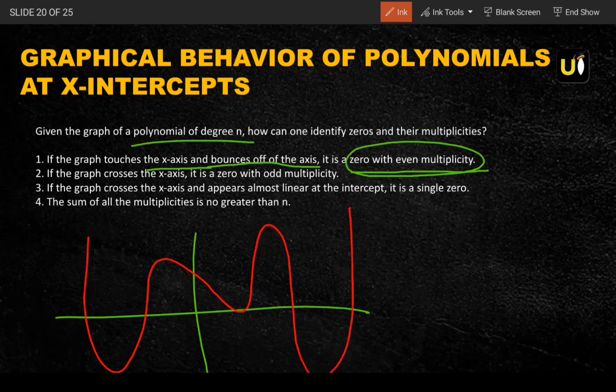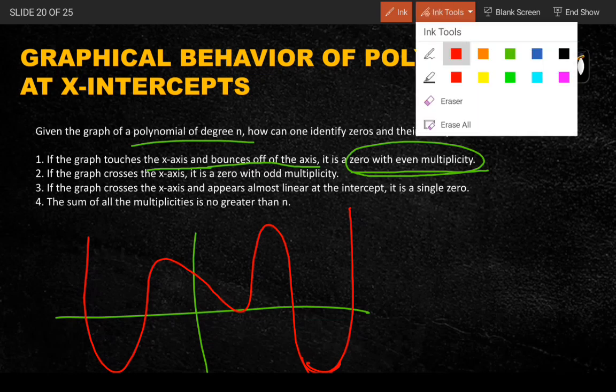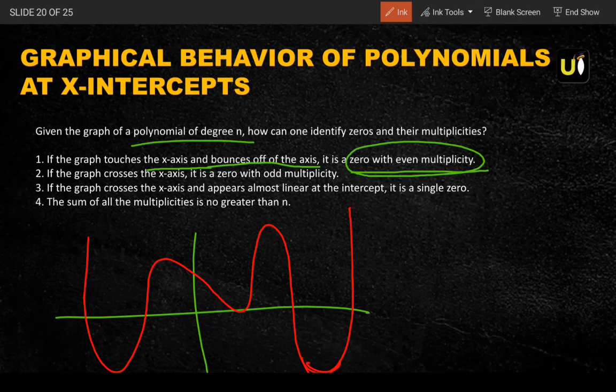This is a random graph. The graph may or may not look like this. Now let's take another color. Here the graph touches the x-axis and bounces off. At this point the graph is touching and bouncing off. That means this is a 0 with even multiplicity.